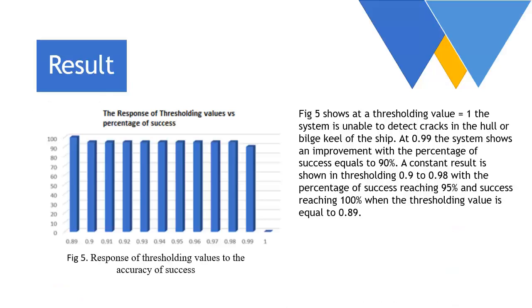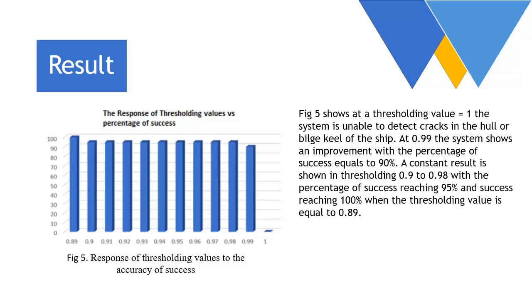We made several testing schemes by changing the thresholding values. Figure 5 shows that at a thresholding value equal to 1, the system is unable to detect cracks in the hull or keel fin of the ship. At 0.99, the system shows an improvement with the percentage of success equal to 90%.